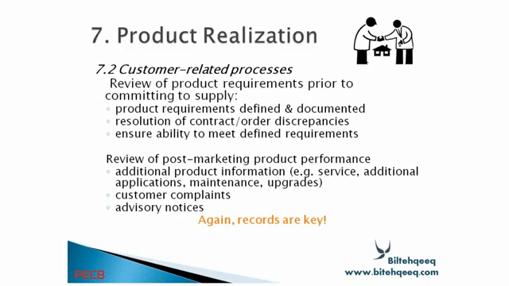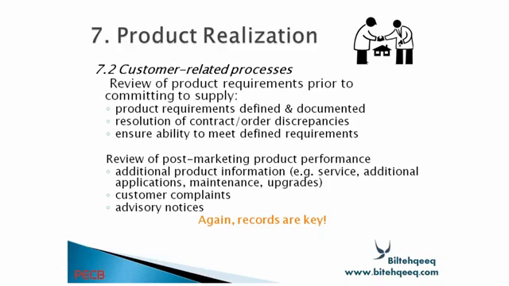7.2 is customer related process, review of product requirements prior to committing to supply. So you have to first review what the customer is asking. Product requirements are defined and documented. Resolution of contract order discrepancy, ensure ability to meet defined requirements. Review of post-marketing product performance, additional product information, for example, service, additional applications, maintenance, updates, customer complaints, advisory notes.